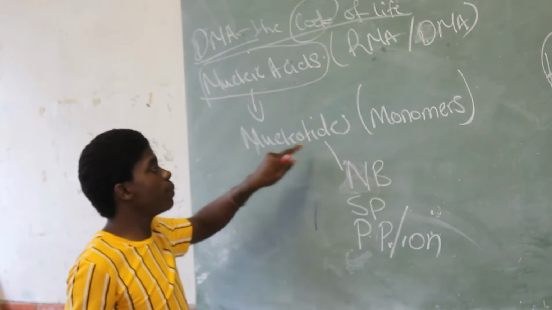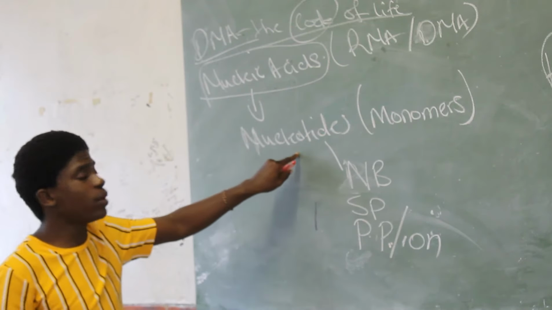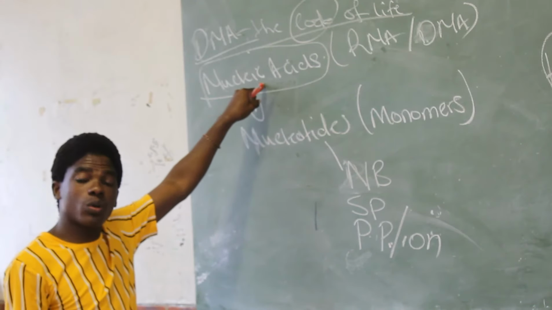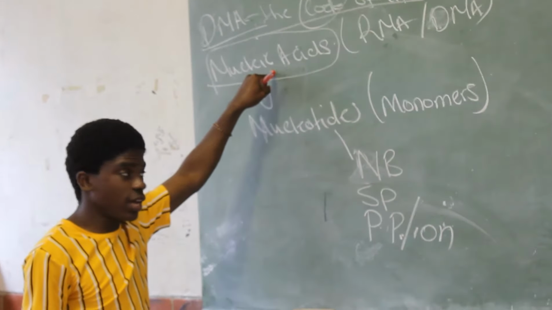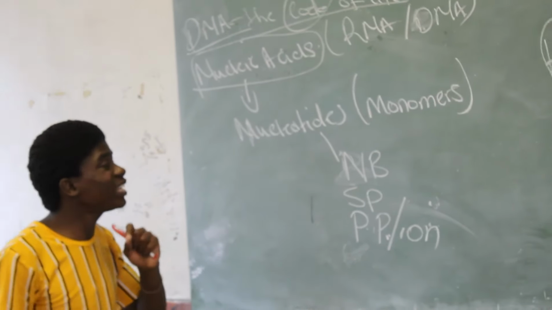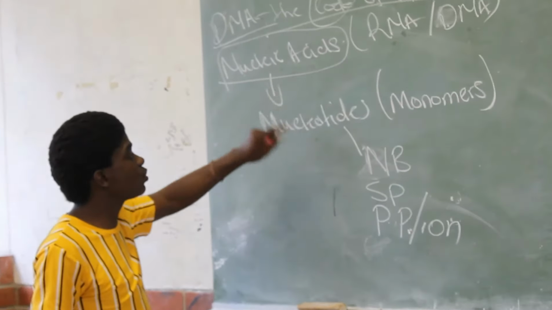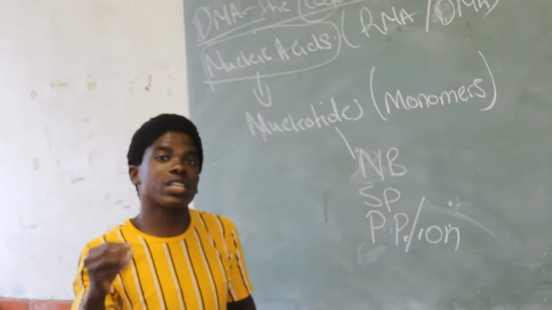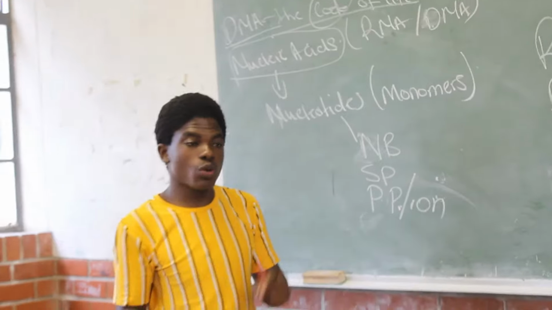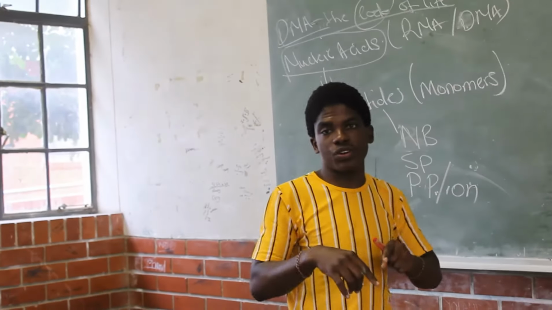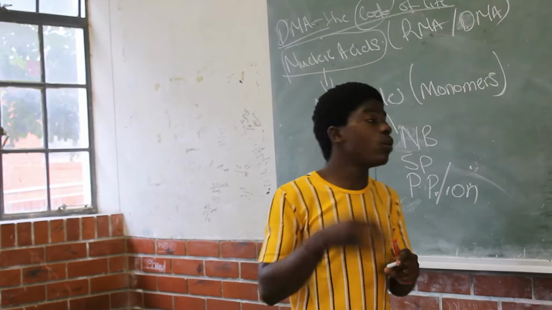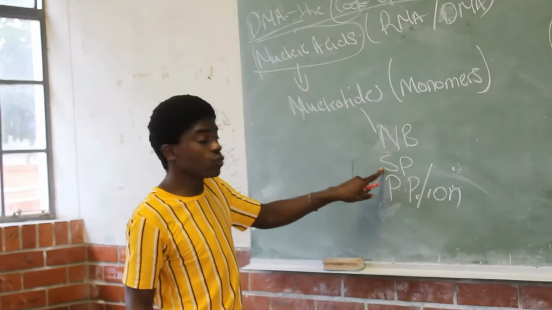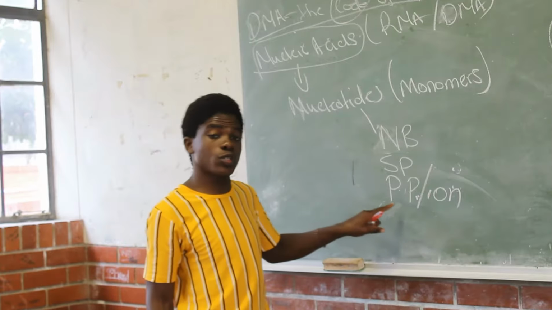So when we are talking about nucleotides, we are talking about the things that lead to having nucleic acids. What are nucleotides made up of? The structure of a nucleotide is made up of three components. We have a nitrogenous base, a sugar portion, and a phosphate portion.